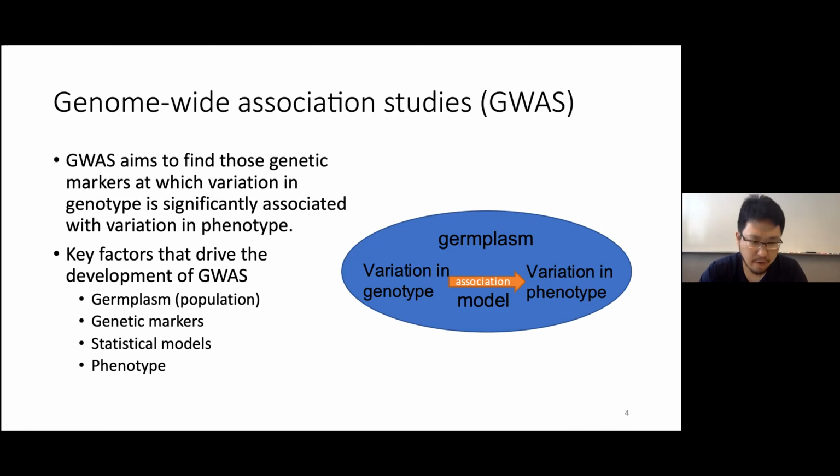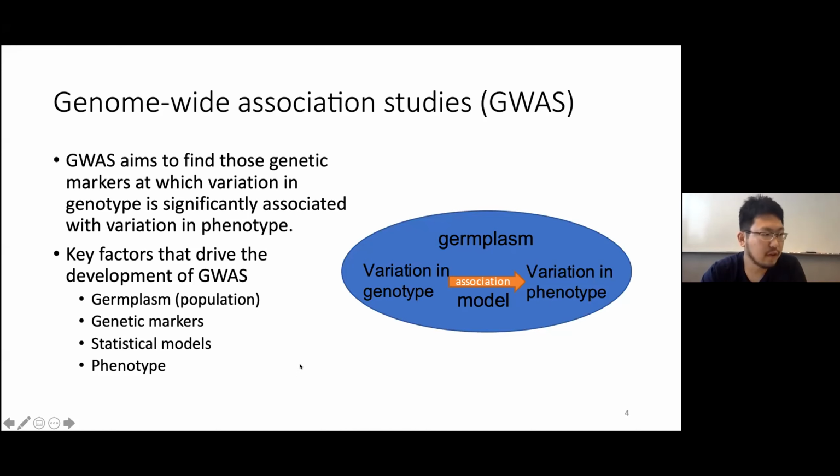The second key factor is genetic markers. The third one is statistical model, and the fourth one is the phenotype. This diagram here is the framework we're gonna use along our workshop today. And we'll go through each of these key factors one by one in the following presentation.